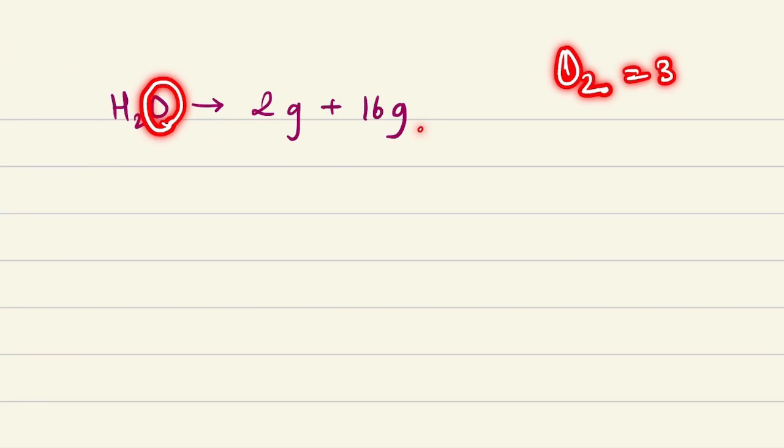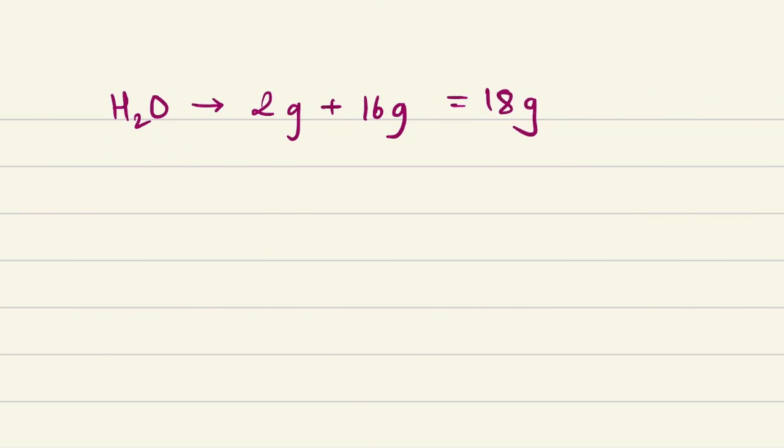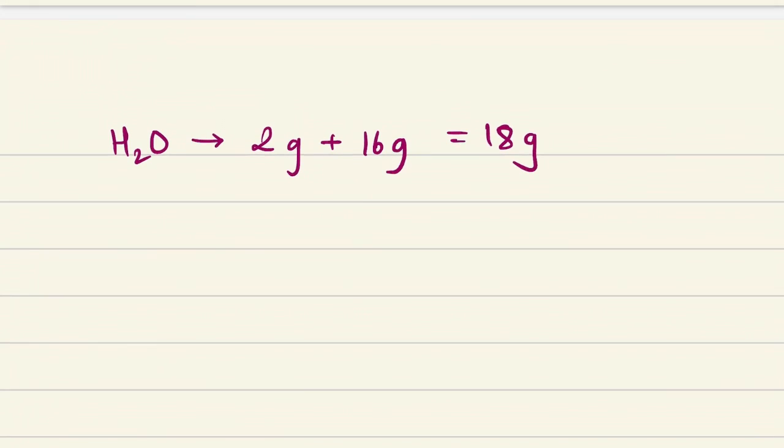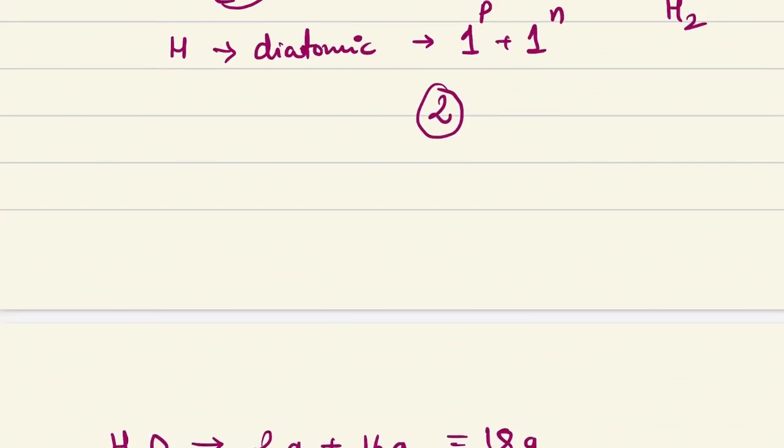That's why we do not write 32 for oxygen. We only write 16 for oxygen because we have a single atom of oxygen here. So that comes out to be 18 grams. So 18 grams is the molar mass for the water molecule. If you just keep on pulling this analogy, you can get the molar mass of any molecule.